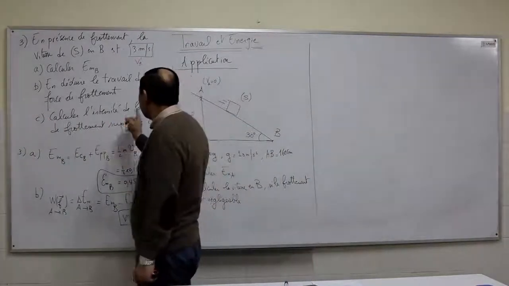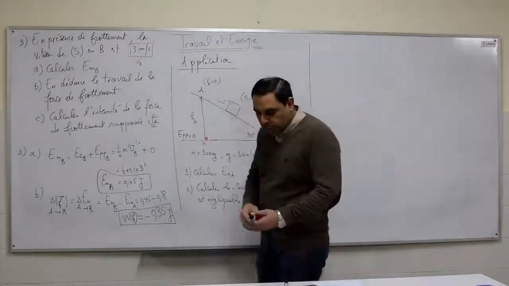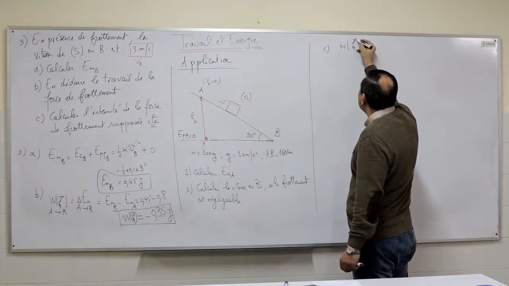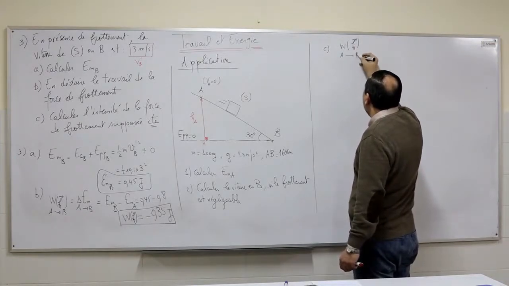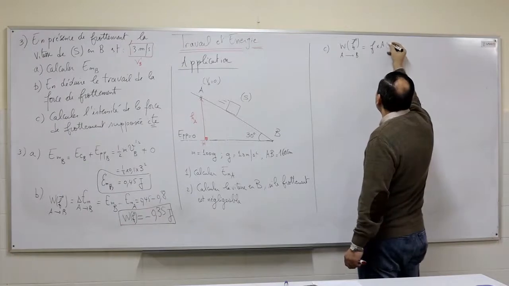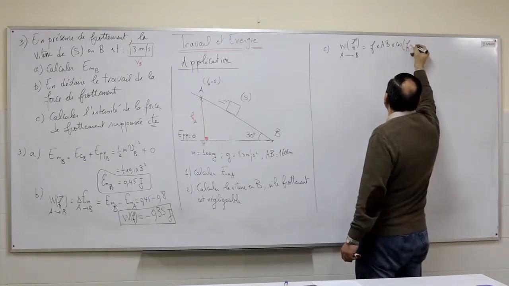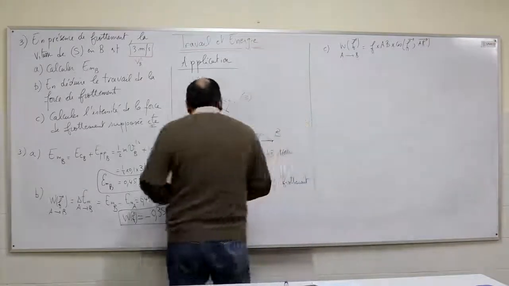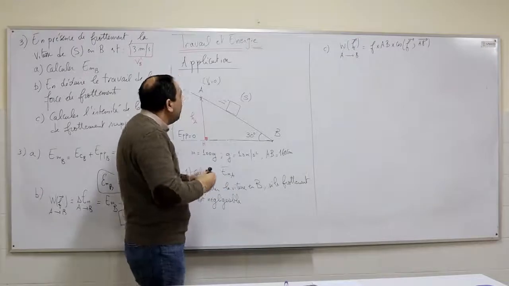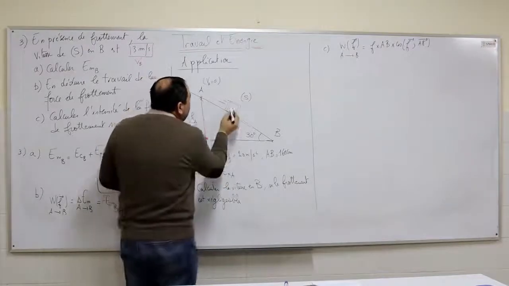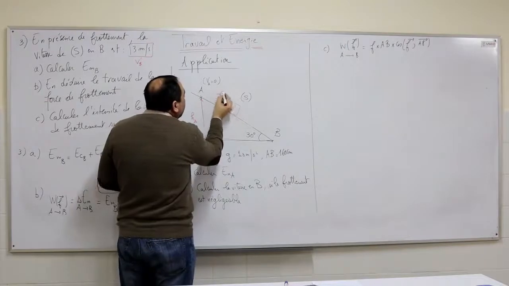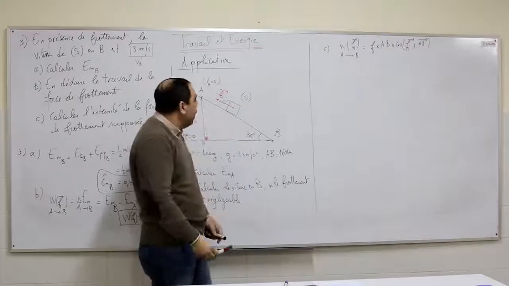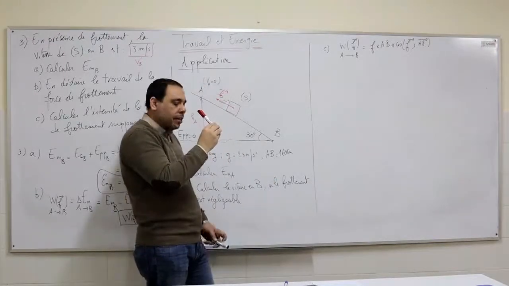Part C. Calculate the magnitude of the force of friction assumed constant. The work of a constant force of friction from A to B is equal to F times AB times cosine of the angle between F and AB, where AB is the displacement. Note that the force of friction acts opposite to the body's motion. The displacement is in this direction. Friction acts opposite to the displacement.